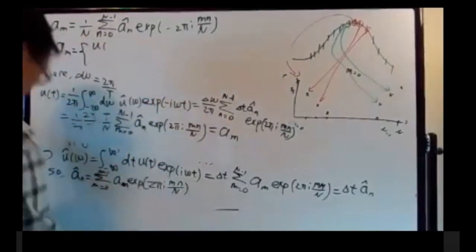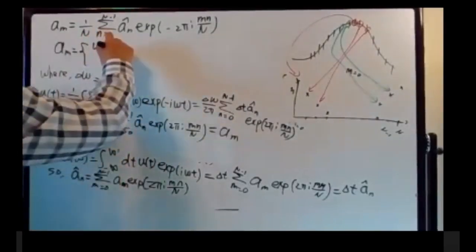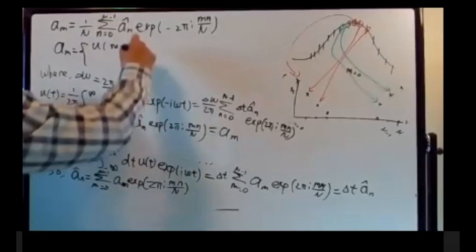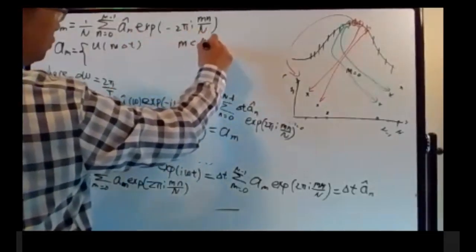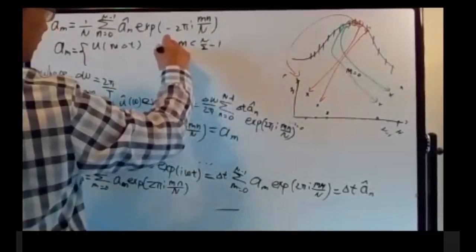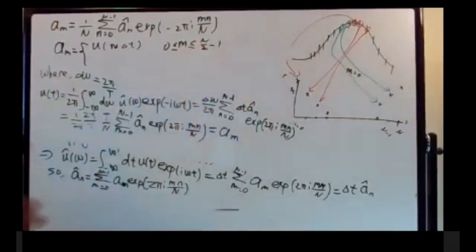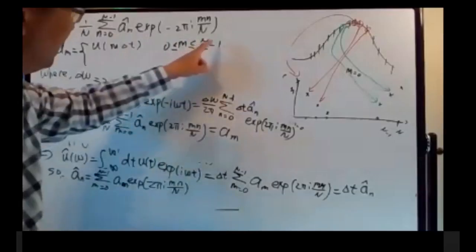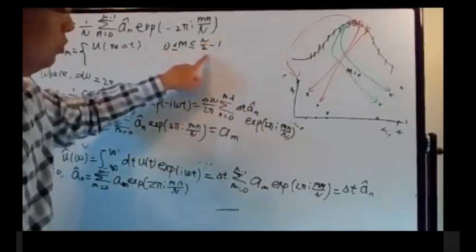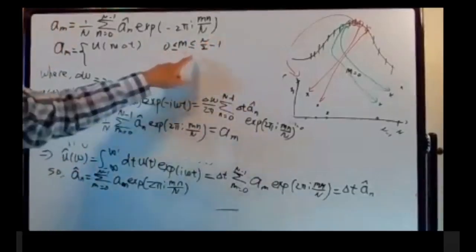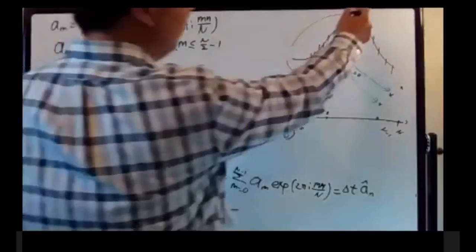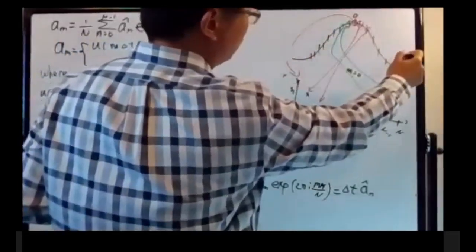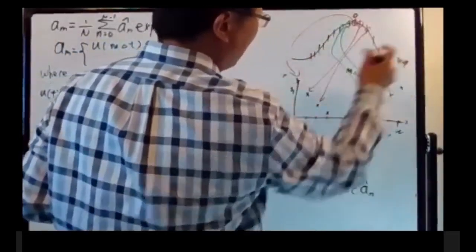So it is u of m delta t when m is greater than or equal to 0 and less than N over 2 minus 1. For the case of N equals 100, it's 0 to 49.